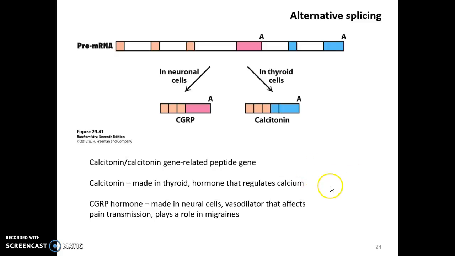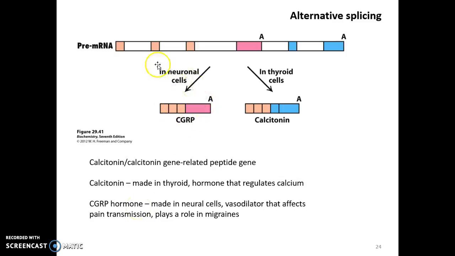In the cells found in our thyroids, you will make calcitonin by splicing so that you connect together these exons, this one, this, and this. That gives you a protein hormone that helps us regulate calcium, which is really important for heart and other muscle function. In our other cells, in our neural cells, for example, we will splice differently so that we make a protein called CGRP hormone, and that's this here.